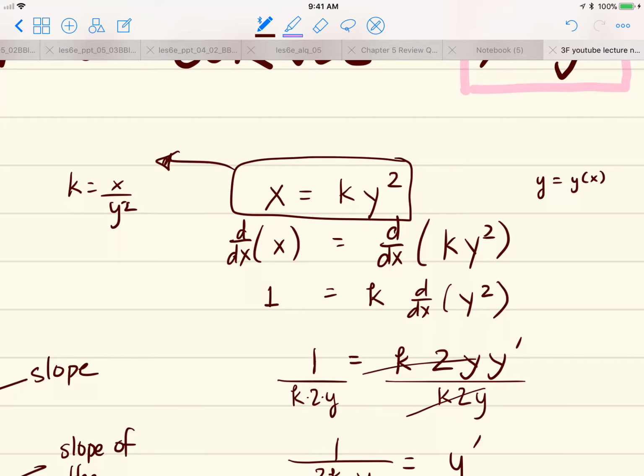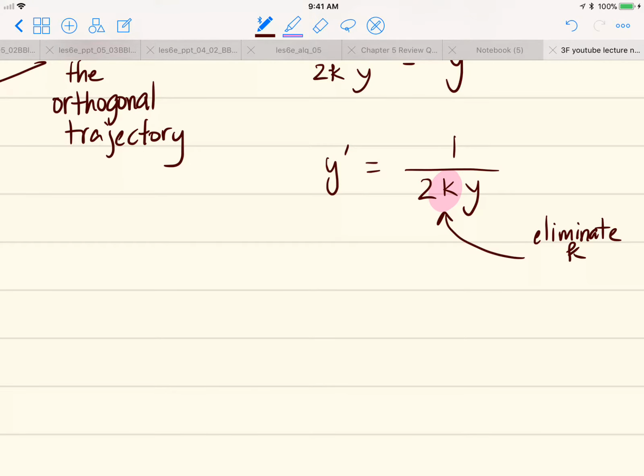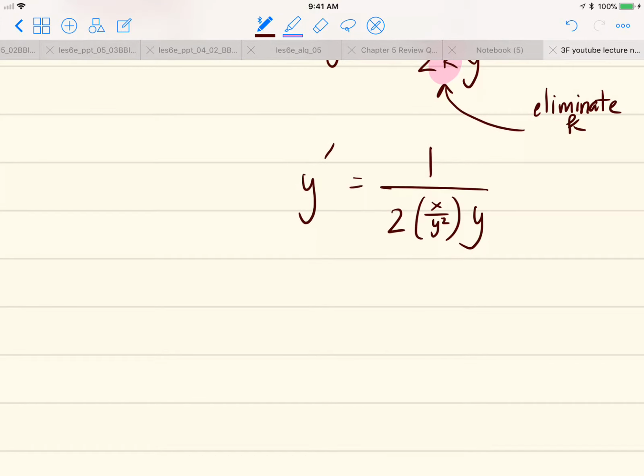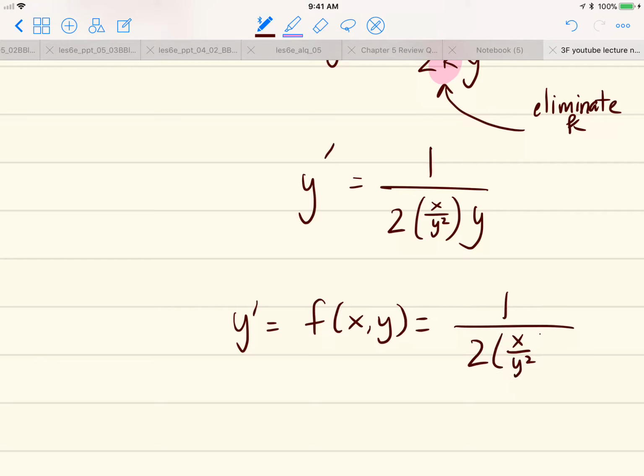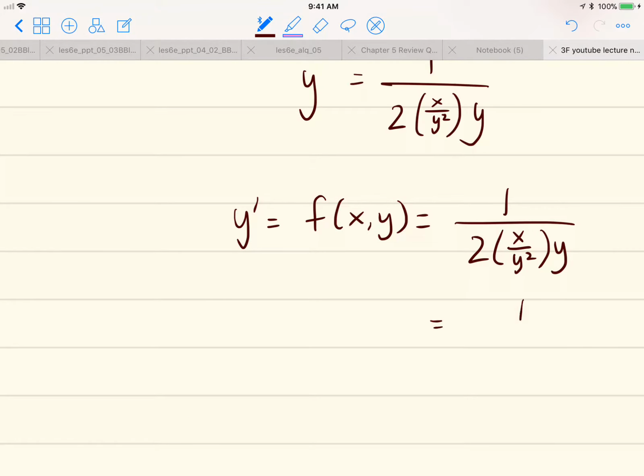So since k is x over y squared, I can replace k with x over y squared. Now I've got the format that I need. So I've got y prime equals f of x, y, and my f of x, y is going to be 1 over 2 times x over y squared times y.